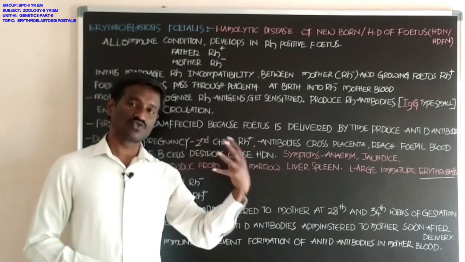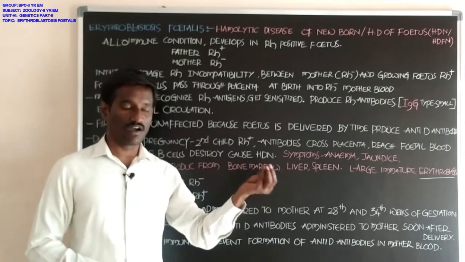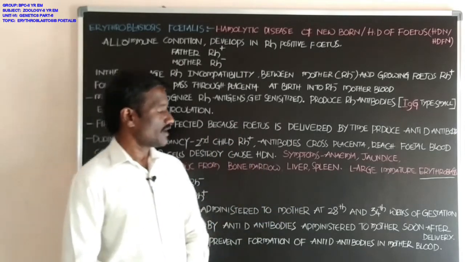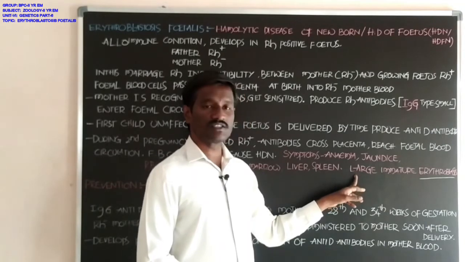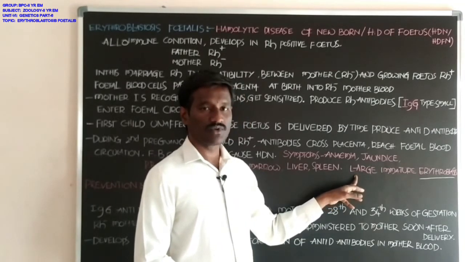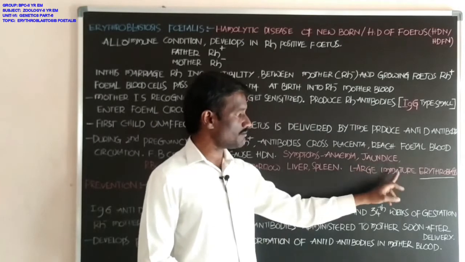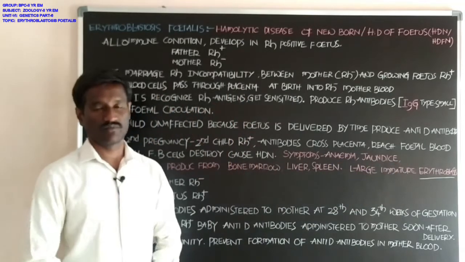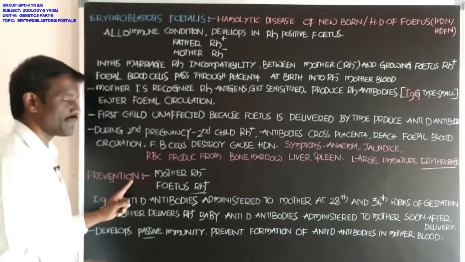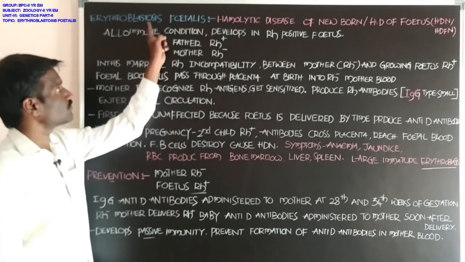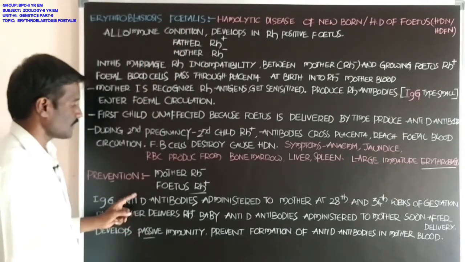These are also destroyed, causing anemia, and the red blood cells are available in the form of large immature erythroblasts.